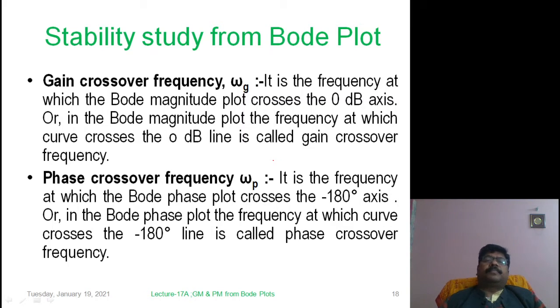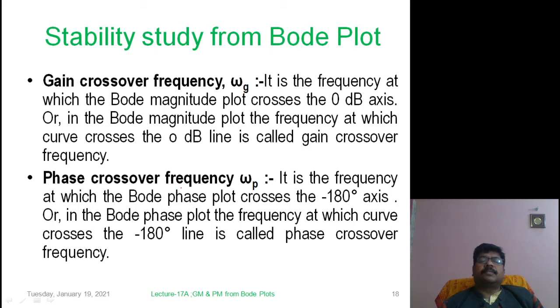The gain crossover frequency, as you can see here, is the frequency at which the Bode magnitude plot crosses the 0 dB axis.